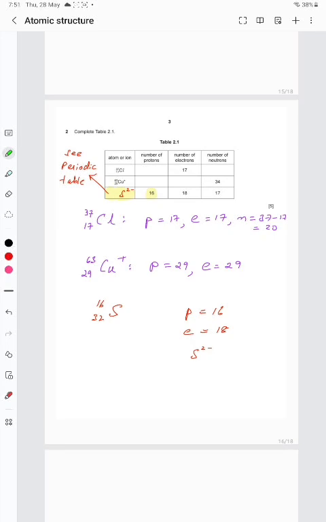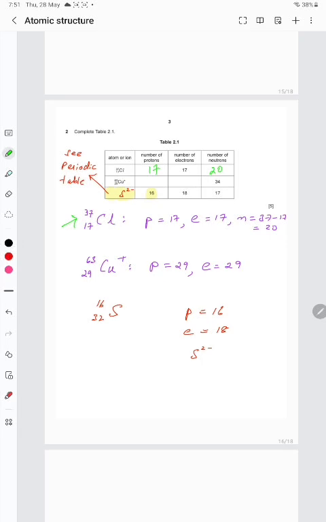Now you have to complete the table given in the question, and number of protons and number of electrons are same, so you can write 17 over here. Protons and electrons are equal, and if you work out you will see there are 20 neutrons. See the working.